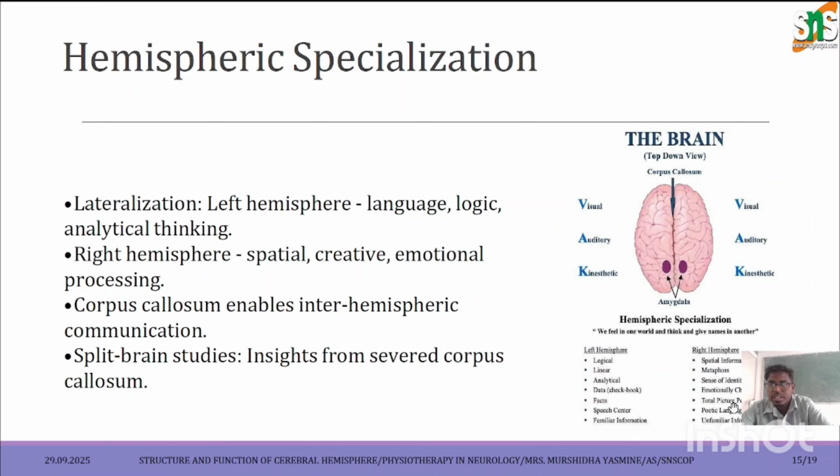This picture shows the areas which specialize in their activities: visual, auditory, and kinesthetic are the three major activities that take place in the lateralization of the brain.